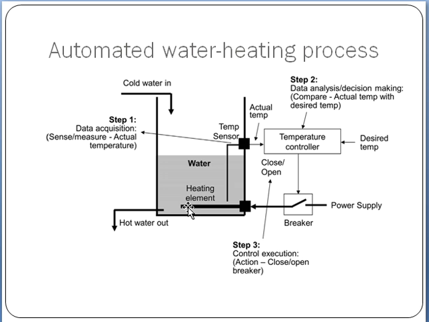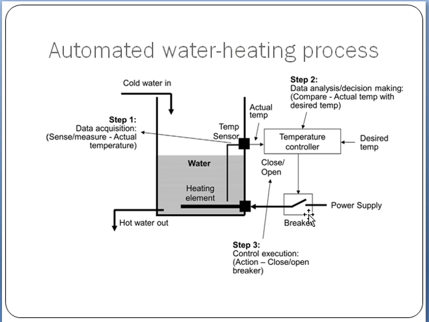When the water is heating and the temperature sensor senses the temperature of the water, the signal is fed to the temperature controller. The temperature controller is already given the desired temperature, or we can say set point. When the actual temperature, or measured temperature, is low compared to the desired temperature, the temperature controller produces a signal to close the breaker.